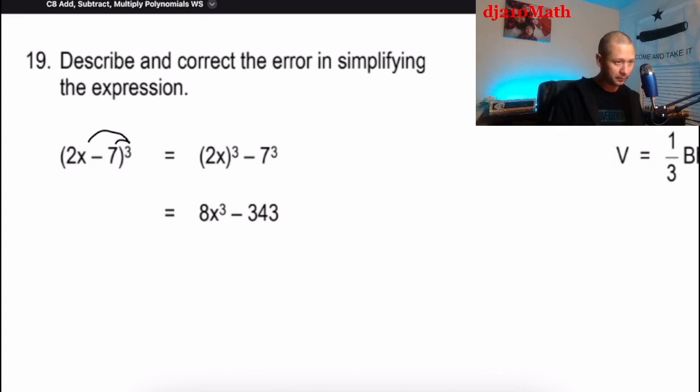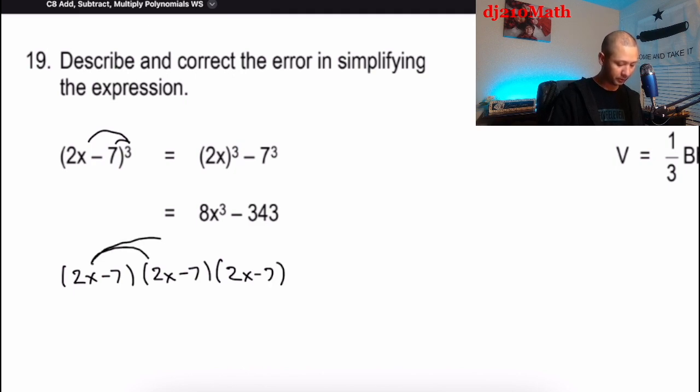The cubed means 2x minus 7 three times. 2x minus 7, 2x minus 7. So you'd have to do what we've been doing, and then you'd get a trinomial, and then you'd have to multiply 2x minus 7 again. So they are missing a whole bunch of stuff in the middle. Very common mistake.